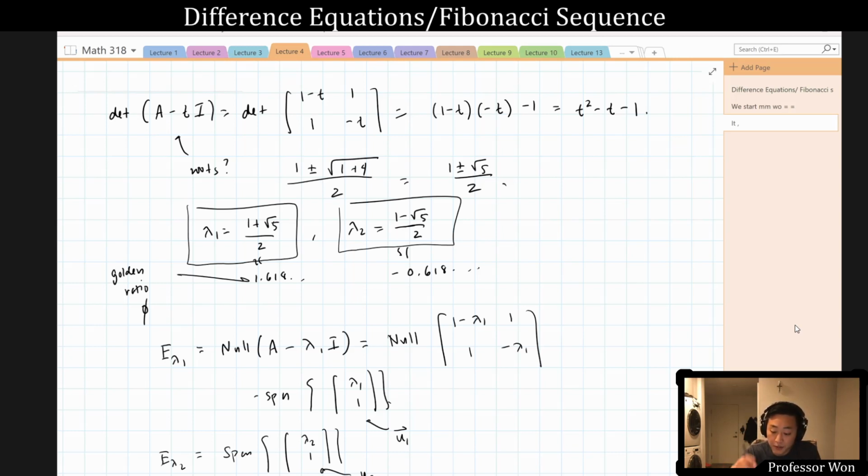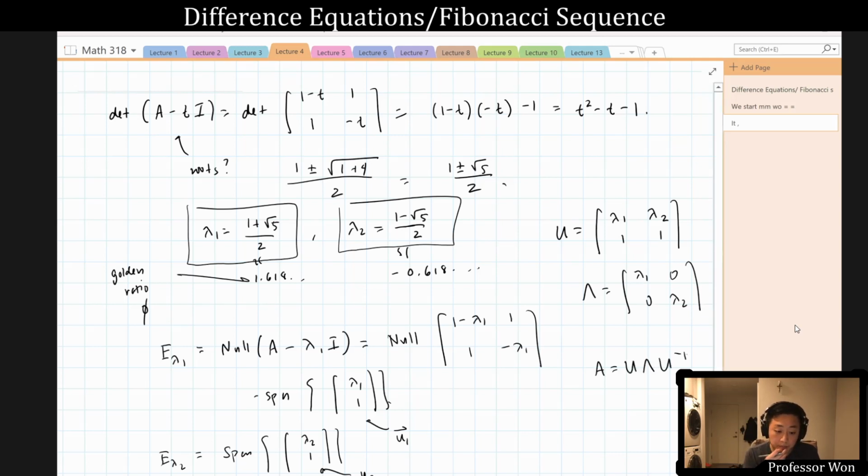Now that means that we had two distinct eigenvalues, so the matrix is in fact diagonalizable. So what you can do is take U to be this vector and this vector, so this matrix. You can take Lambda to be the diagonal matrix of eigenvalues, and then A is U Lambda U inverse.